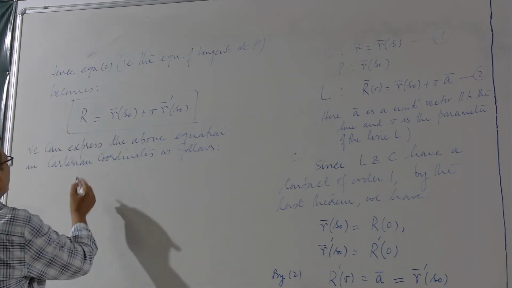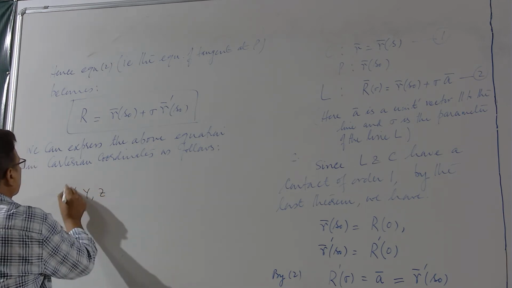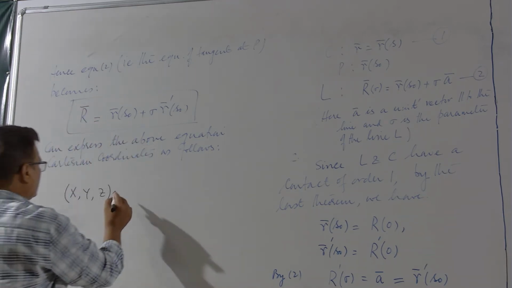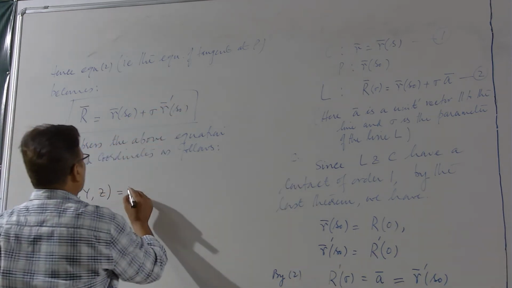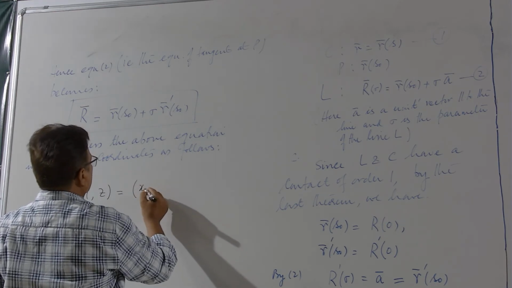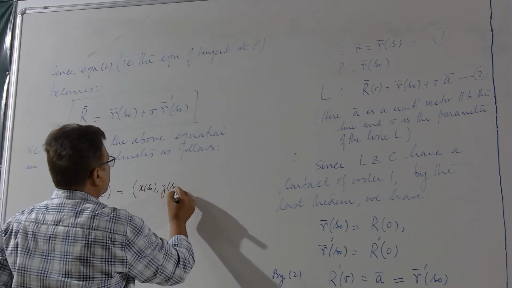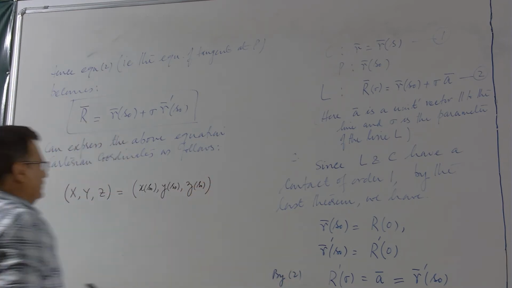So, I can take its components as capital X, capital Y, capital Z. These are the x, y, z components of R, with a bar over it. And r(s0) is a point on the curve. Let me denote this point's components by x(s0), y(s0), z(s0).